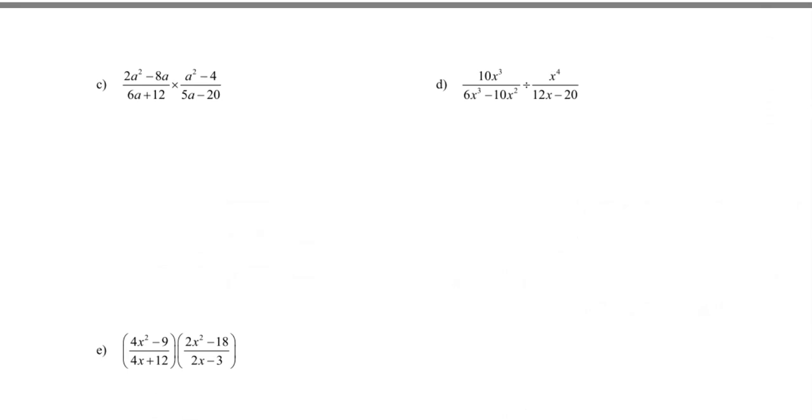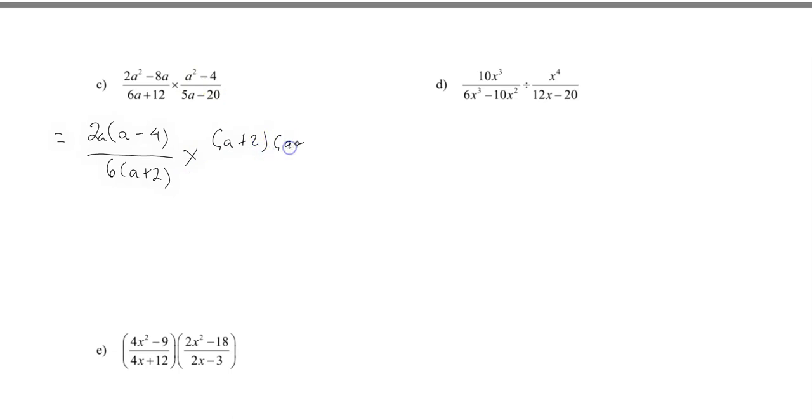All right, part C. Step 1. Okay, so it's multiply. So step 1 is factor. We can put an equal sign down because this is equal to 2a, actually, right? A minus 4 over 6a plus 2, times a squared minus 4, which is a difference of squares.